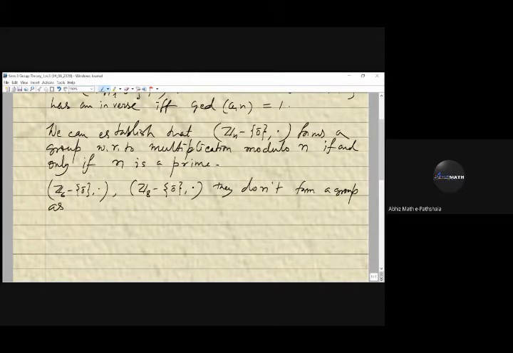As 6, 8 both are composites, okay, fine, okay.